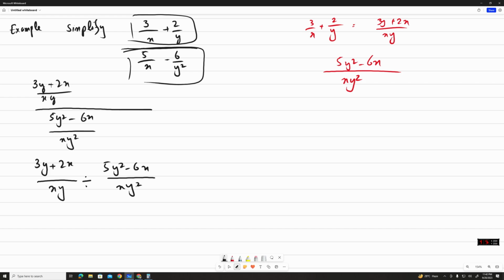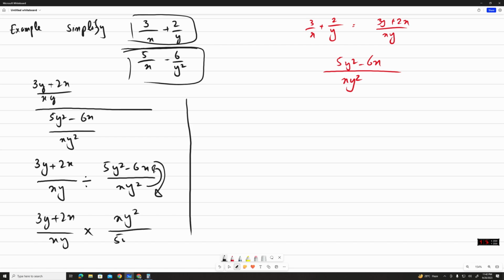So to change this into multiplication, we do a trick here. The denominator becomes the numerator and the numerator becomes the denominator. This is the basic maths. So it's going to be 3y plus 2x over xy, multiplied by xy squared divided by 5y squared minus 6x.